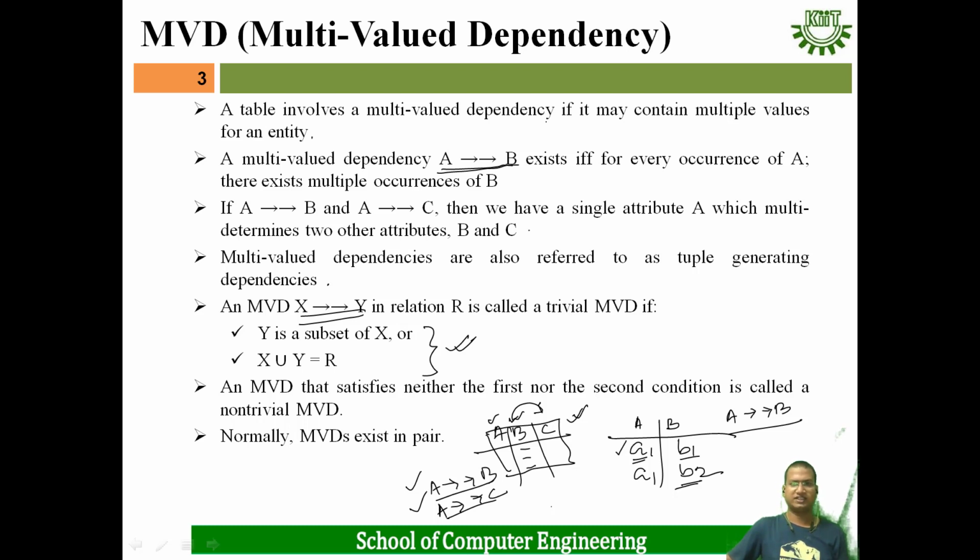If these two conditions are satisfied, then that is known as trivial multi-value dependency.